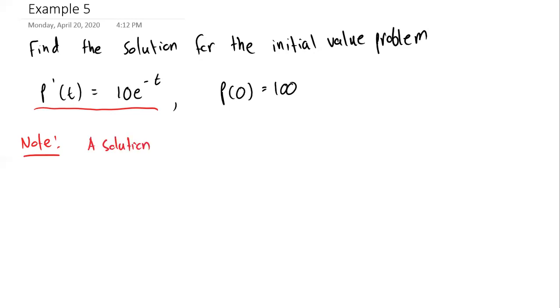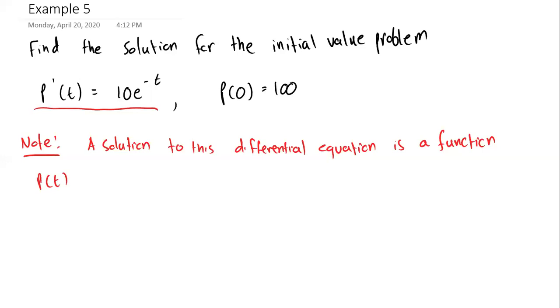So the solution to this differential equation is a function, let's just call it p of t. And then in this case, when we plug in p of t, we want to make this equality true, right? So that means a function p of t whose derivative is 10 times e to the negative t. That's a solution of a differential equation, which is what this thing in red is.